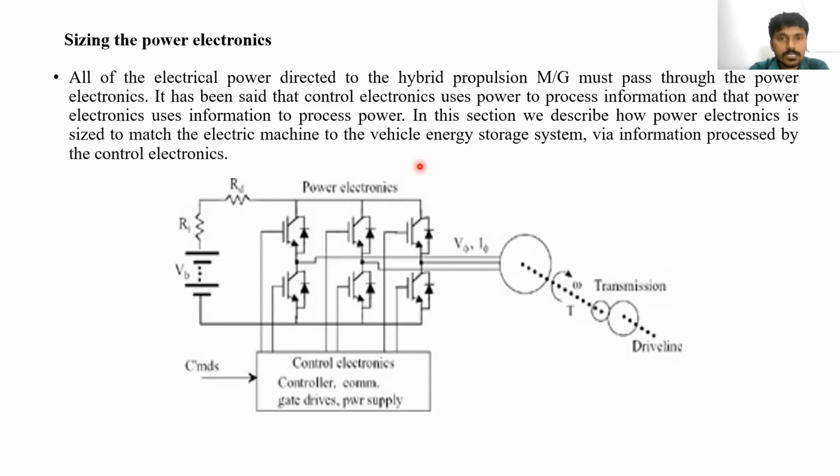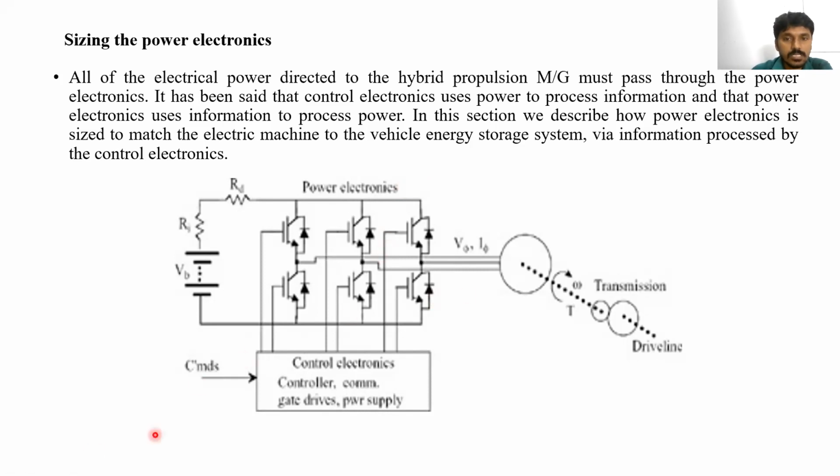If the speed of the motor is not controlled, obviously the vehicle speed also cannot be controlled. The vehicle will run at constant speed, because the motor is getting constant power and there is no control. So for controlling the motor speed, we have to use the power electronic converter.